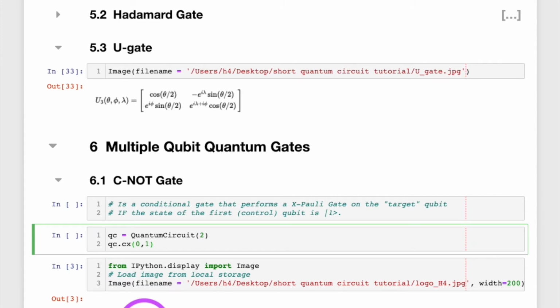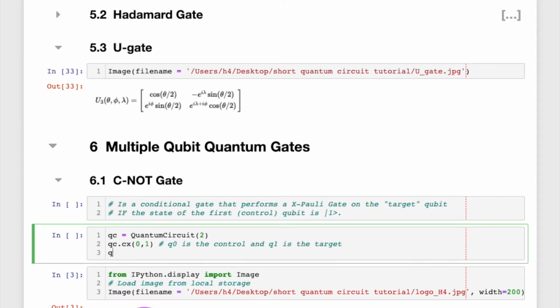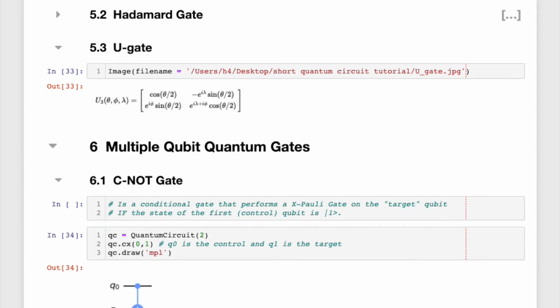Okay, 0 is the control and 1 is the target. So Q0 is the control and Q1 is the target. And then you say QC.draw in MPL, and let's see what happens.